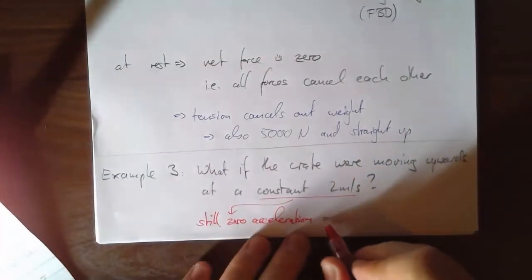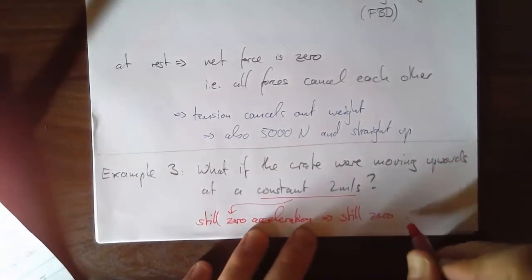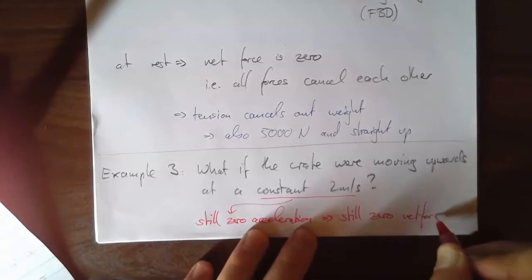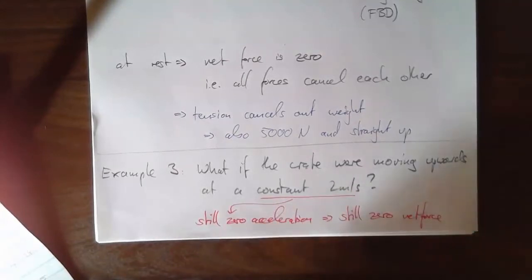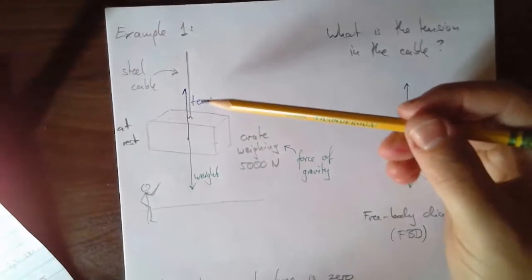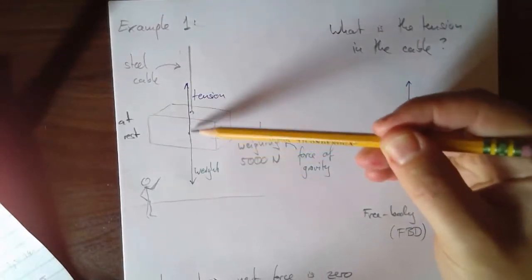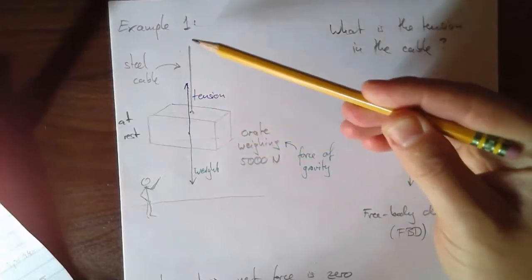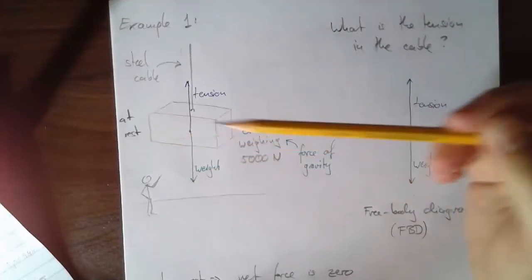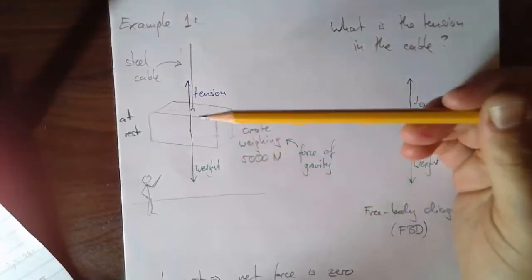So that means still zero net force. Net force, right? So nothing has changed. It isn't really a new example at all. It's just drawing attention to the fact that the tension equals the weight, whether or not the crate is hanging or moving up or moving down or moving in some other direction, as long as the motion is happening at a constant velocity.